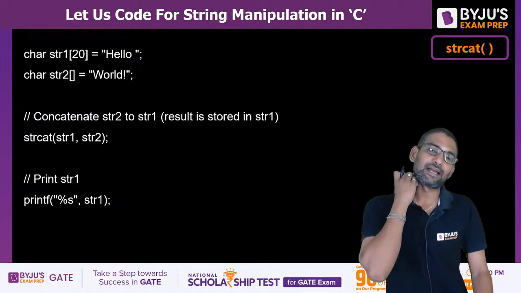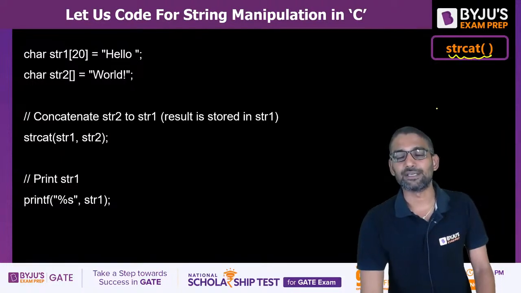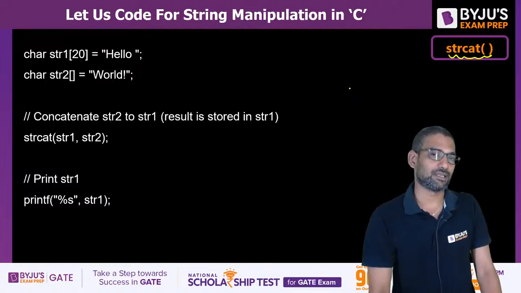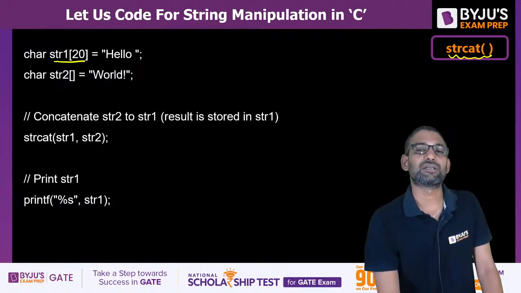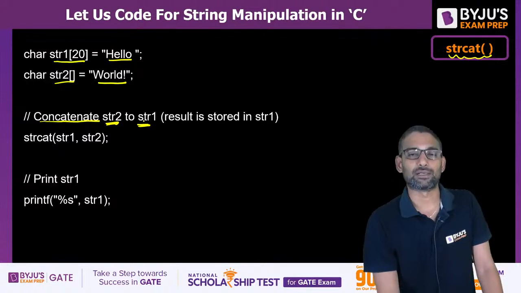Now string concatenation function, that is strcat. How to use this? You can see the example. Suppose I have created one string str1 as hello, str2 as world. I would like to concatenate str2 to str1.